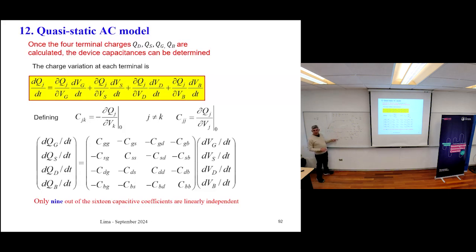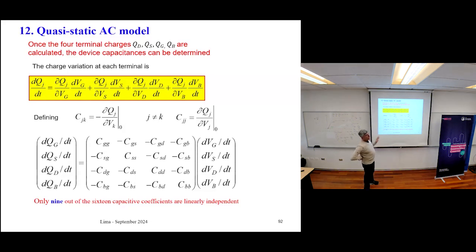But this charge here is the image of this one here. So instead of writing CAB as dQA over dVAB, I can write CAB as minus dQB over dVAB, because this charge here is the image of this one, of course with a different sign. So that's the reason why you have a minus sign here and here and there.